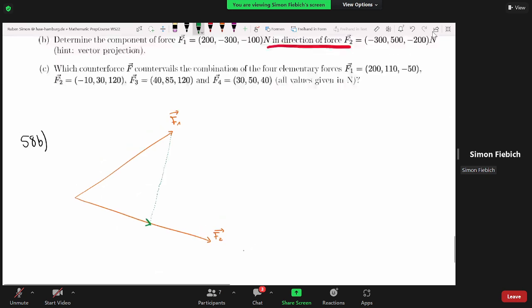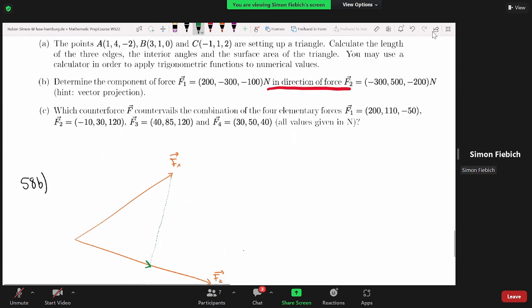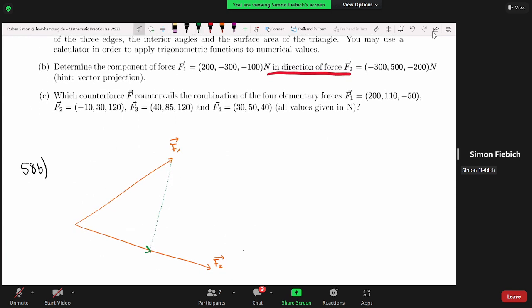We did that earlier with topic 52. And we learned that if you have multiple elementary forces, you can add them together and receive one composite force. In this case, we're doing the exact opposite. So we could split up force F1 into its components. You could think of it like doing this.